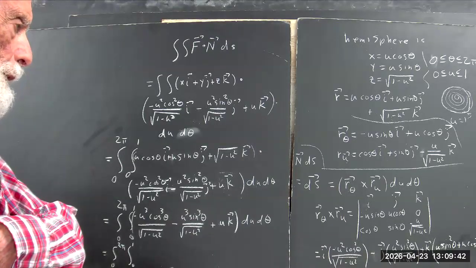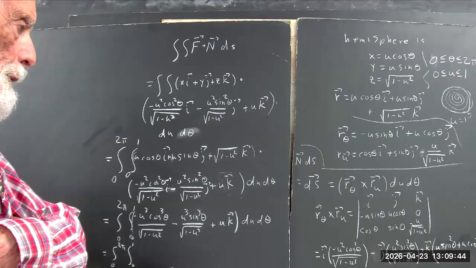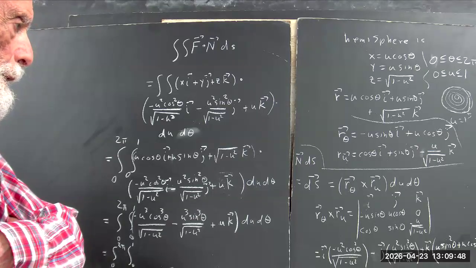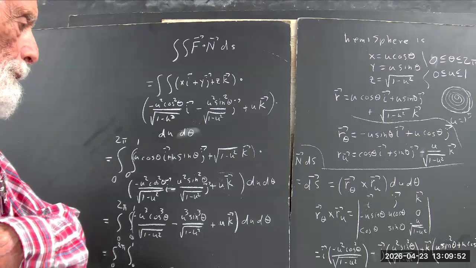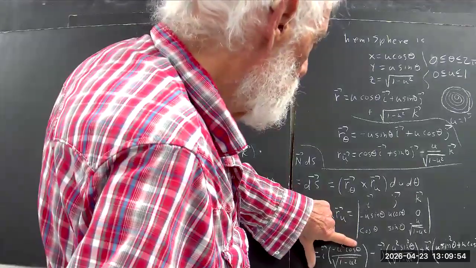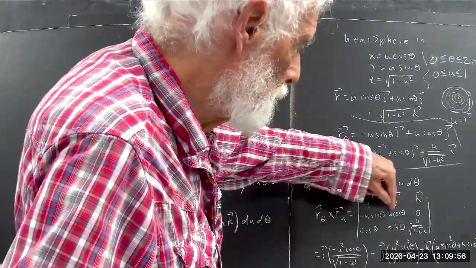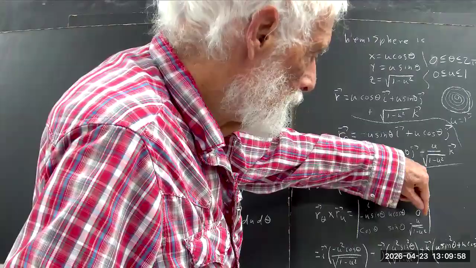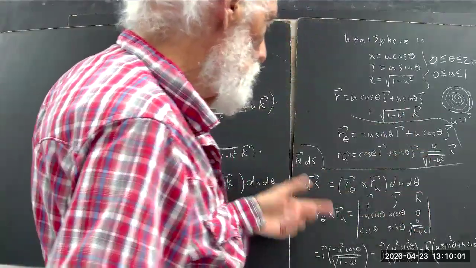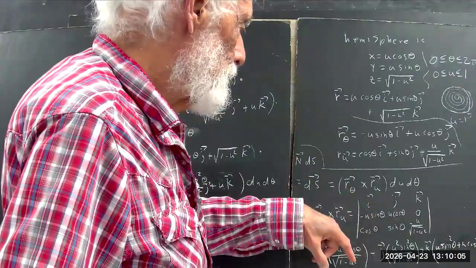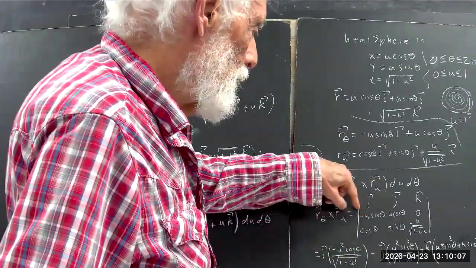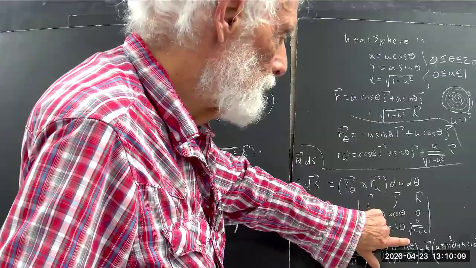I might have made a mistake when I did the cross product. Yeah, that shouldn't have been a cosine squared because that came from u cosine theta times u over the square root of 1 minus u squared. There's just one cosine in this. And when you do the j, there's just going to be one sine.